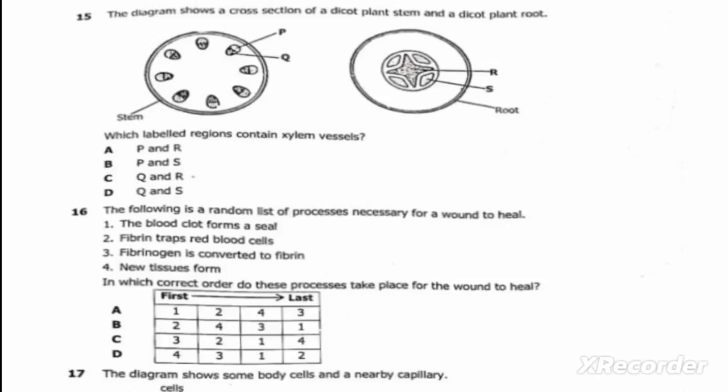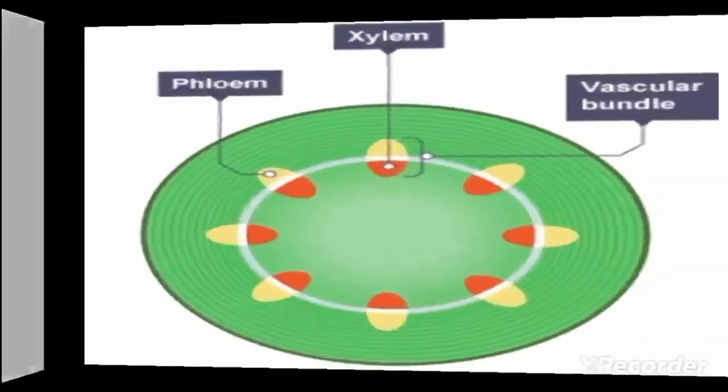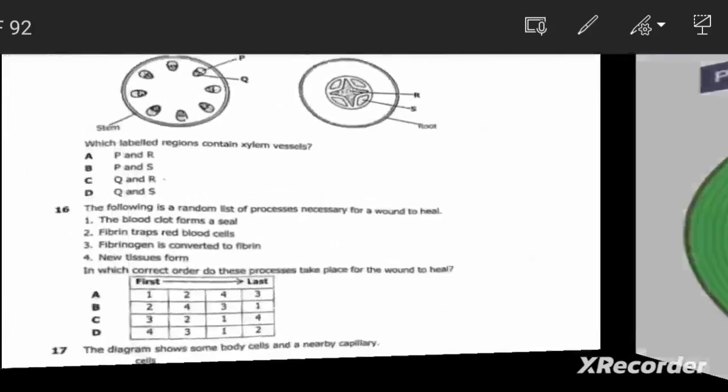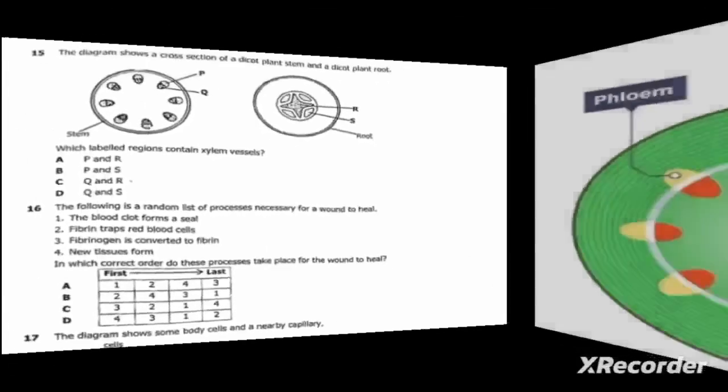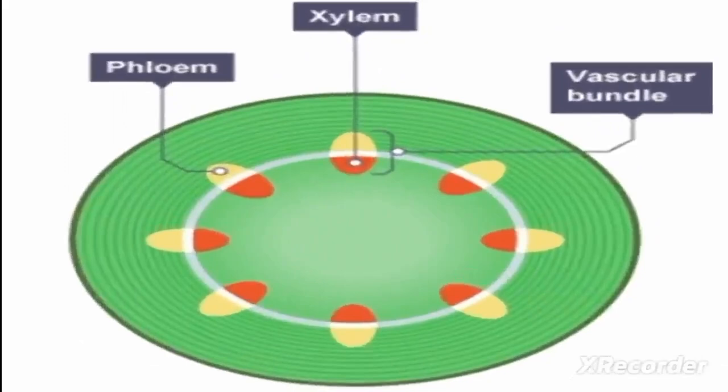The diagram shows a cross section of a dicot plant stem and a dicot plant root. Which labeled regions contain xylem vessels? In the dicot stem, the xylem vessel is found inside and the phloem vessel is found outside. Then the cambium is found between the xylem and phloem.